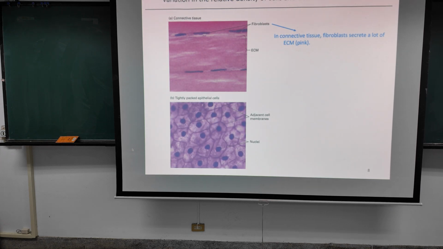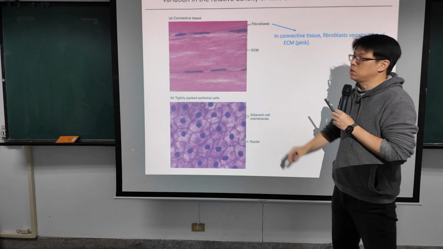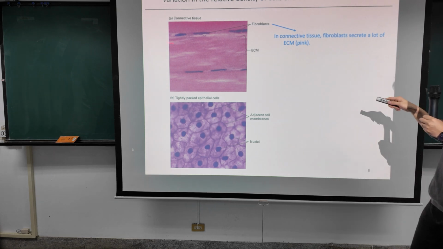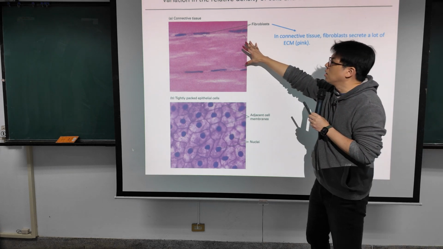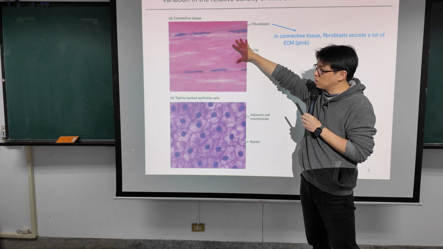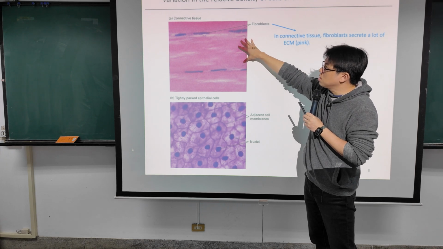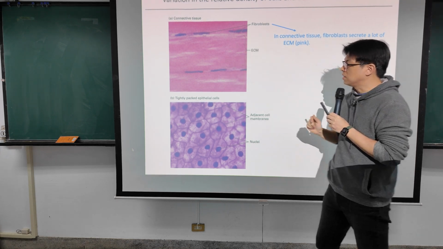Also, the relative density of cells and ECM in different tissues is different. In this case, it is connective tissue. The pink color is extracellular matrix, and the purple color is fibroblasts, which are a kind of cell that majorly produce extracellular matrix. So in connective tissue there will be a huge amount of extracellular matrix protein here, but only a few cells.